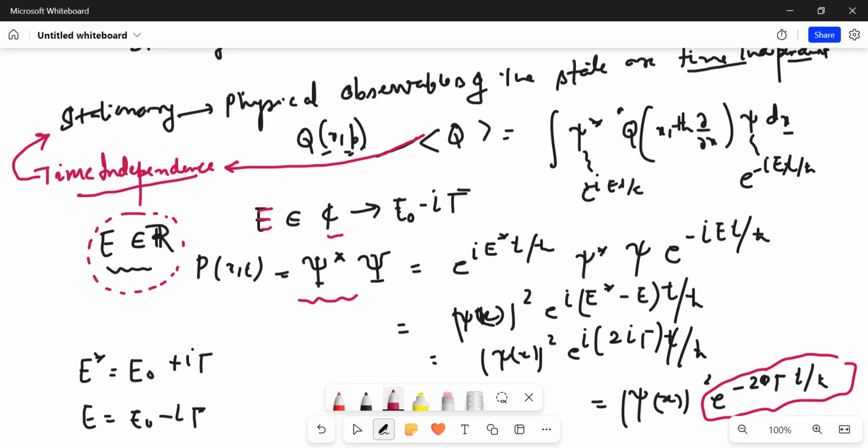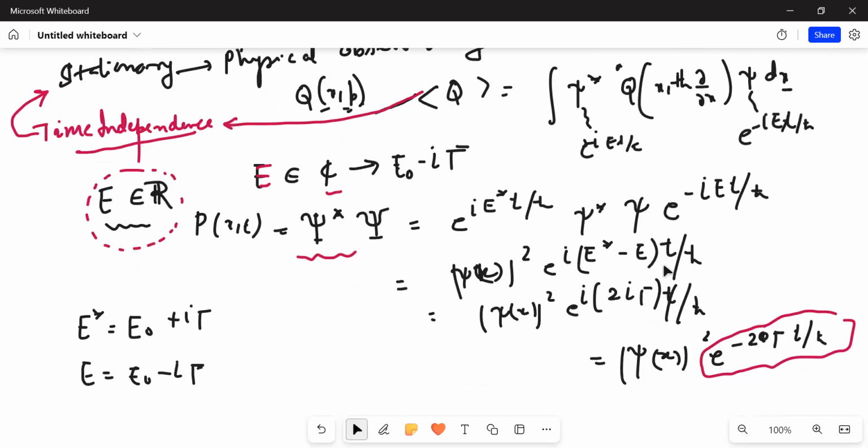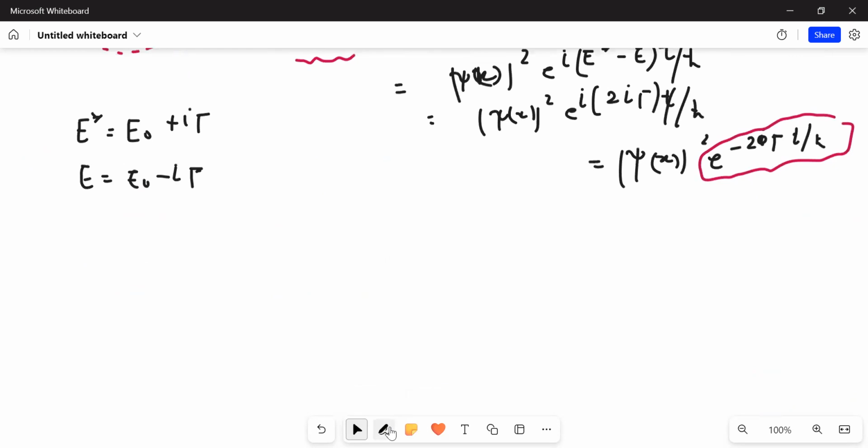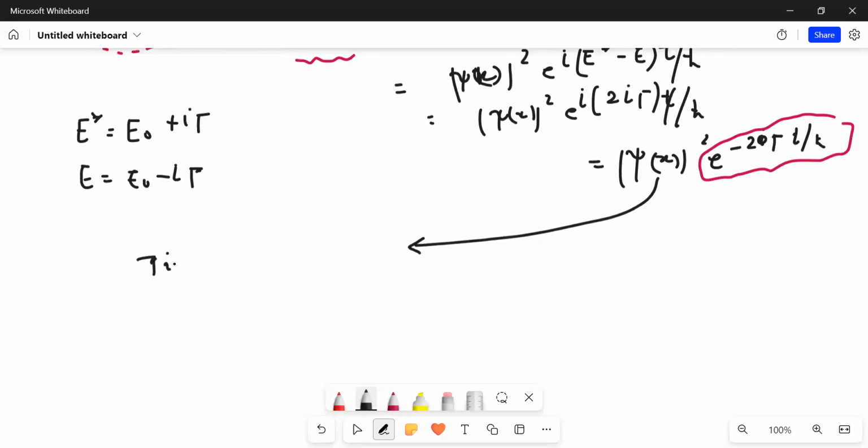Further, we saw that this particular ψ(x) satisfies something called the time independent Schrödinger equation. This is something that we have done previously as well. I'm just revising it for you.